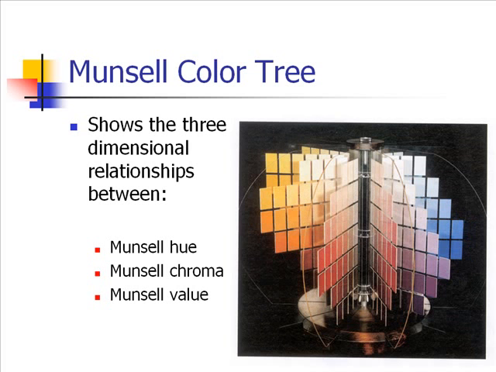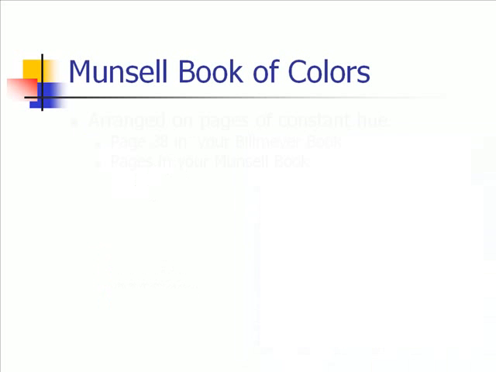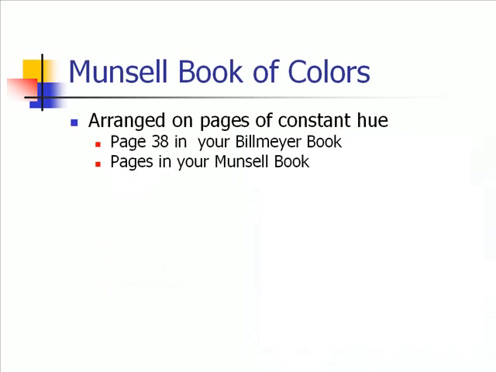If you look in your Bill Meyer book, page 38 shows what it looks like. And the pages in your Munsell student book are also arranged in terms of hue. So if we look at, for instance, this page here, that's a hue that's labeled 5 yellow red. And if you look in your little pictures here, there's one that says 5 yellow red.